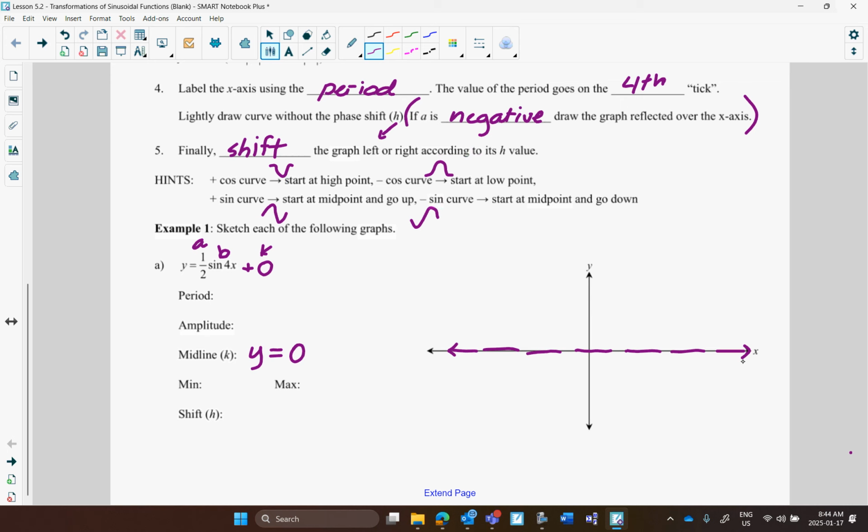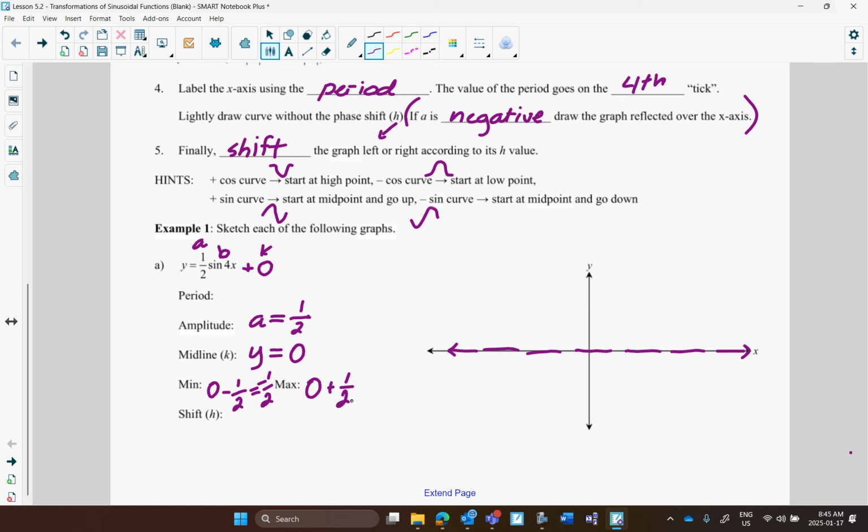The amplitude, A, is 1/2. That means from the midline, I'm going to go down 1/2 to get the minimum, and I'm going to go up 1/2 to get the maximum. So the minimum is going to be 0 minus 1/2, which is negative 1/2. The maximum is going to be 0 plus 1/2, or 1/2.